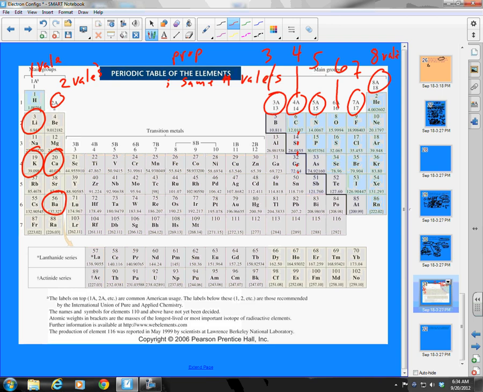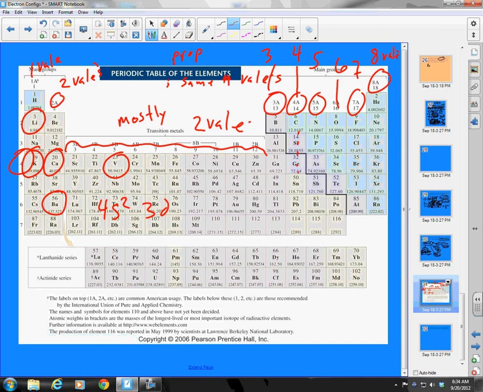Now, these guys in the middle are a little different, but most of the time, mostly, these guys have 2 valence electrons. Now, why is that? Well, think about vanadium. The outer electron configuration is 4s2 3d3.